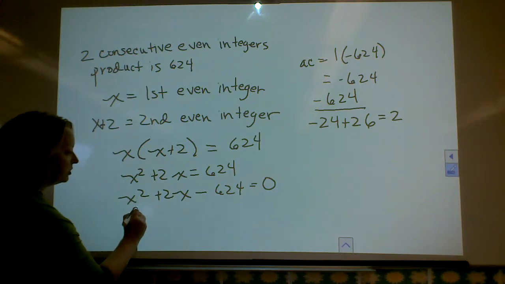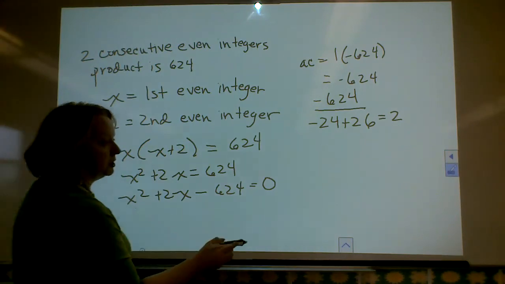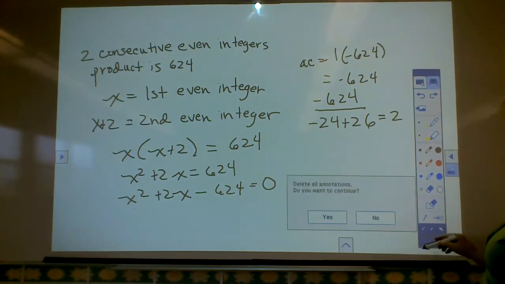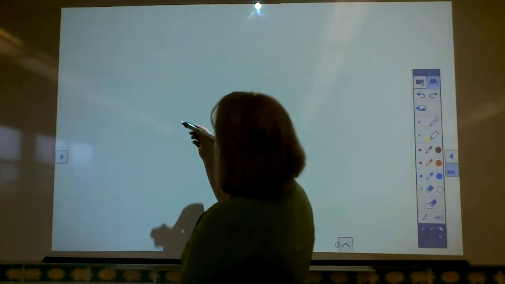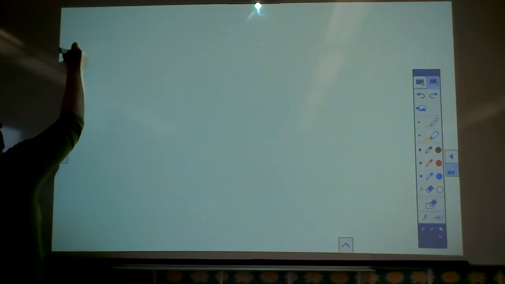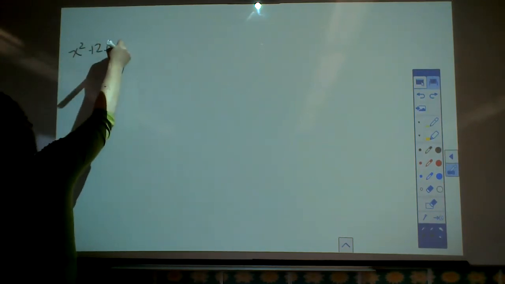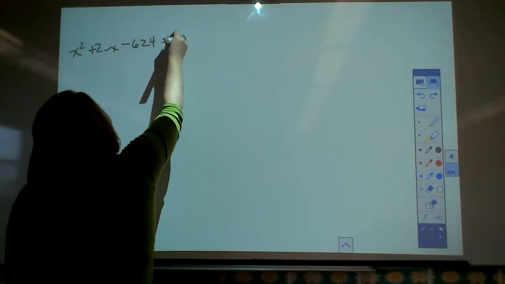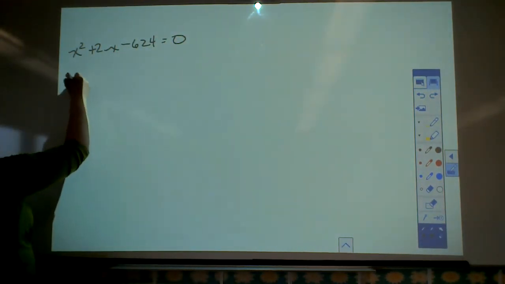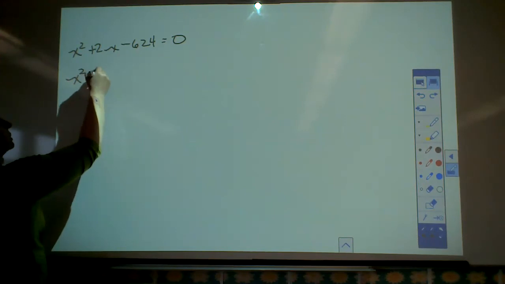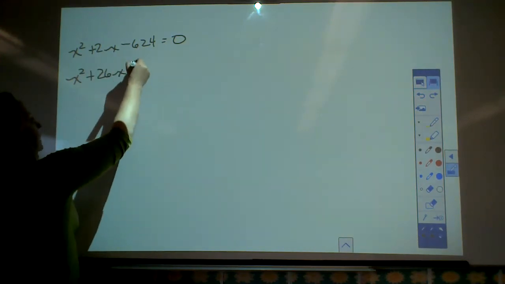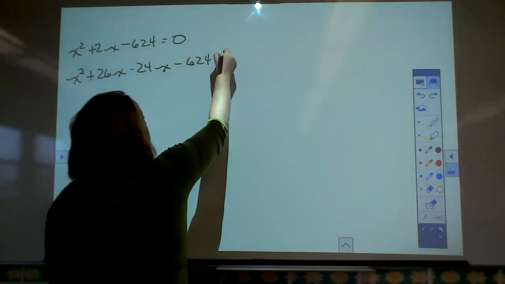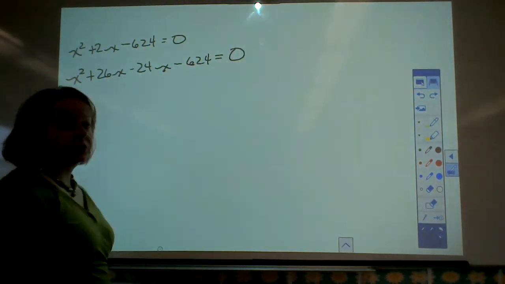So this is going to factor into, I'm going to move on to another page here. Okay, so we had x squared plus 2x minus 624 is equal to 0. So this is going to be x squared plus 26x minus 24x minus 624 is equal to 0.